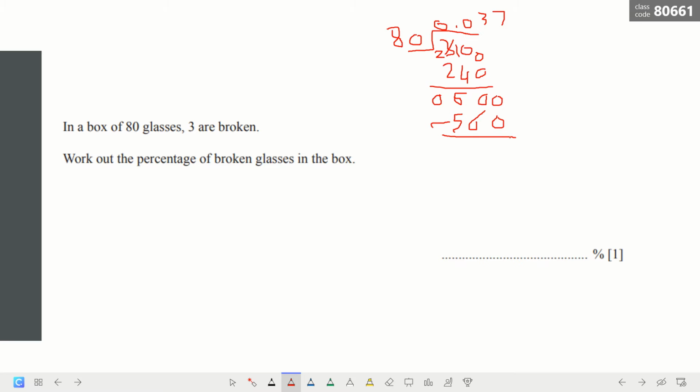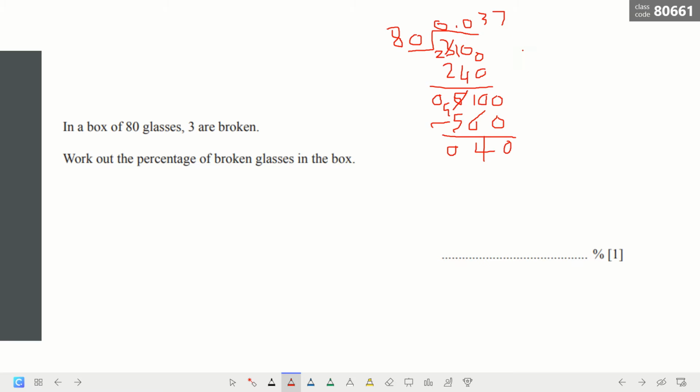0 minus 0 is 0. 0 minus 6, I take 1 from 6, which becomes 5, and 0 becomes 10. 10 minus 6 is 4, and 5 minus 5 is 0. Now I stop dividing. I have 3 digits up here.